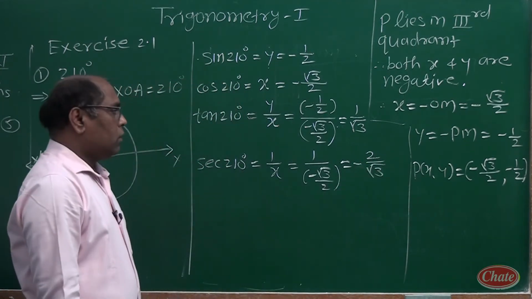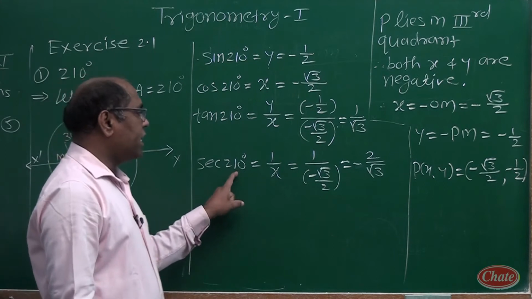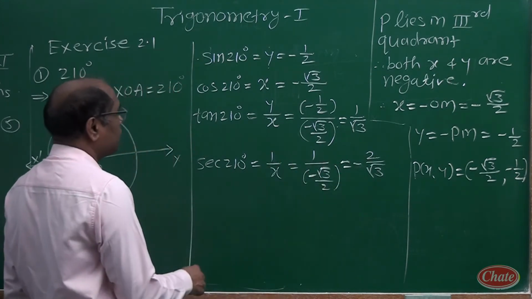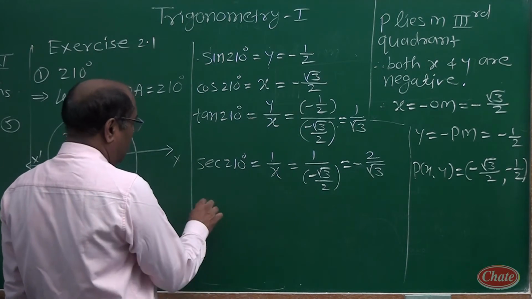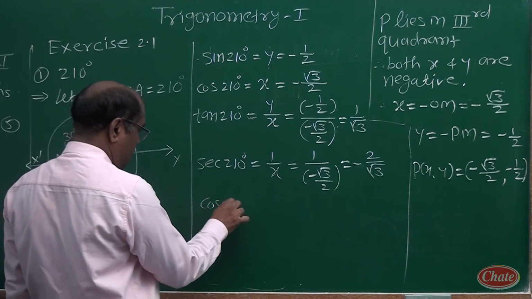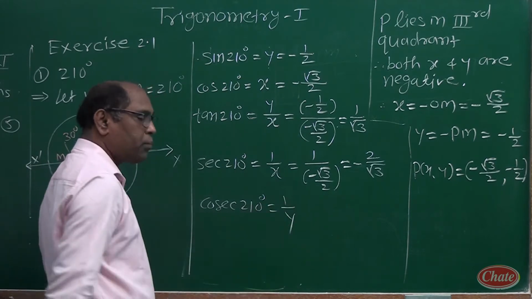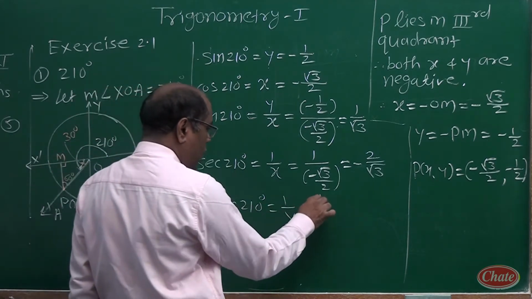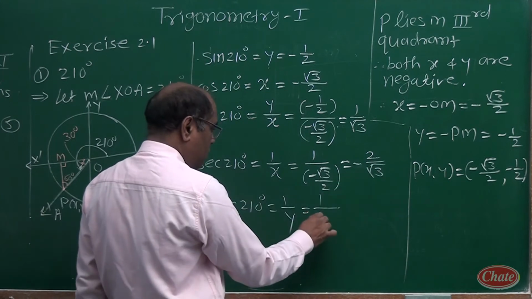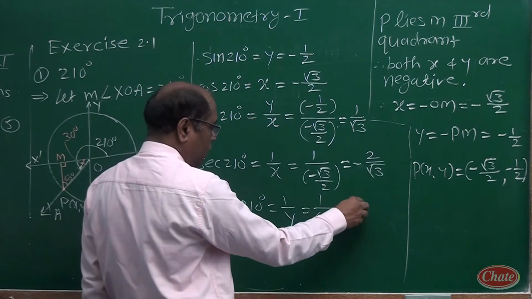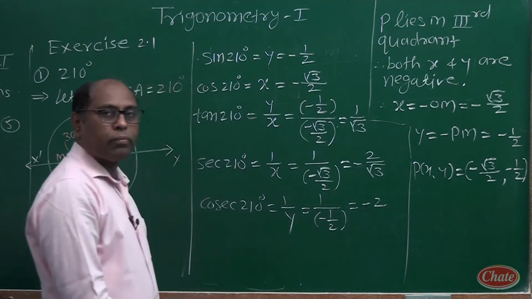So sec of 210 degree is equal to minus 2 upon root 3, and cosec 210 degree is equal to 1 upon y. What is the value of y here? Minus 1 by 2. 1 upon minus 1 by 2 will be minus 2.